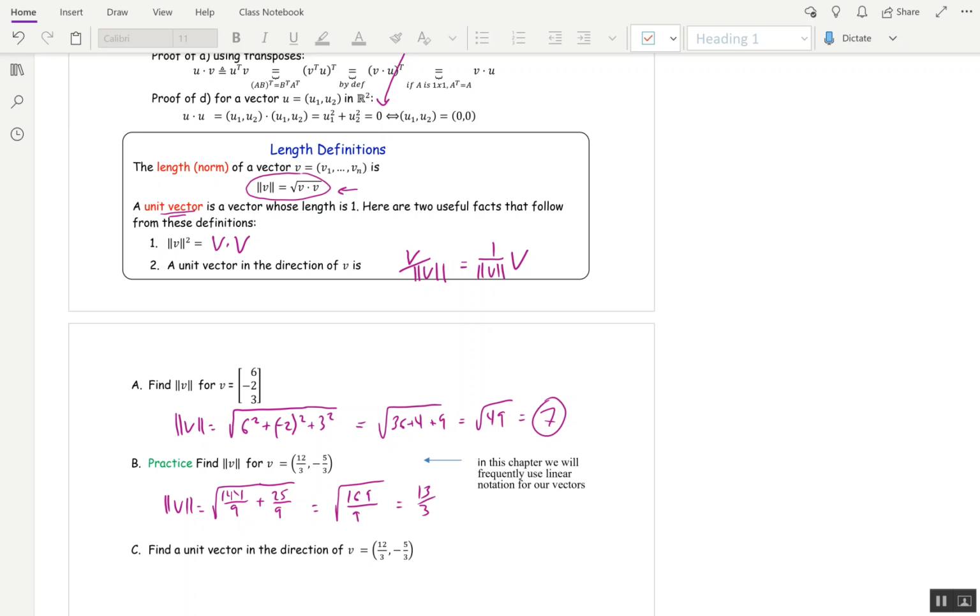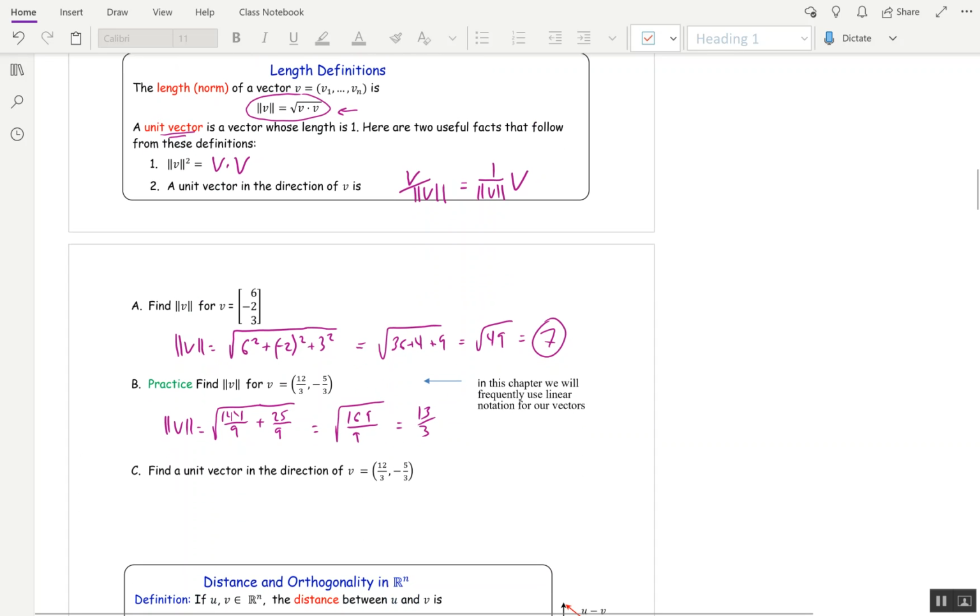Let's use that to find a unit vector in the direction of that vector. So in this case, we want v over its length, which is 1 over the length of v times the vector v. Now, the length of v is a fraction. It's 13 over 3.